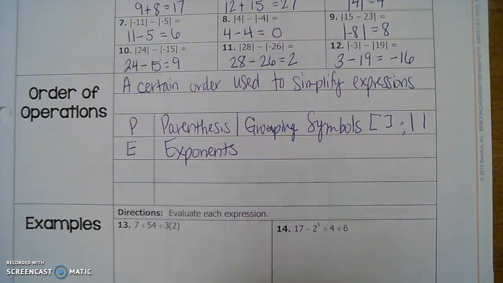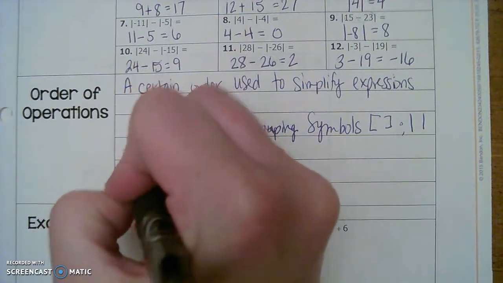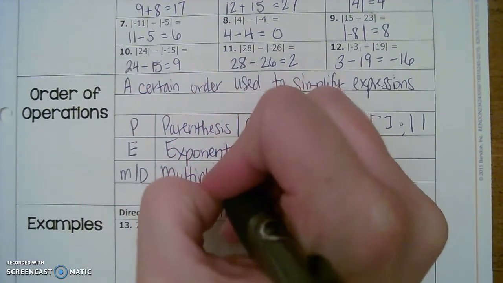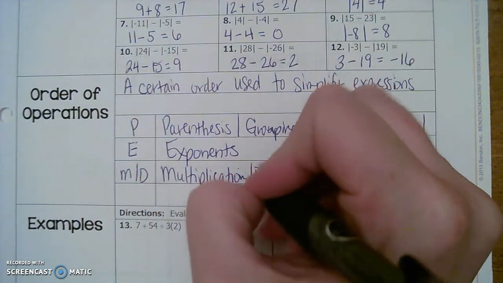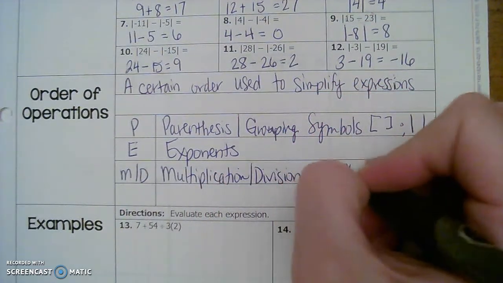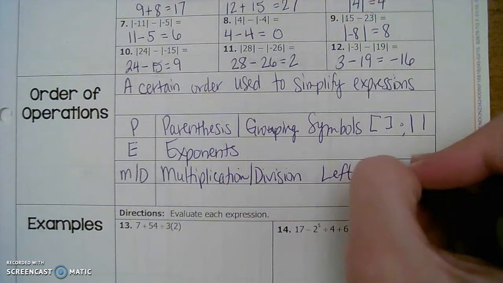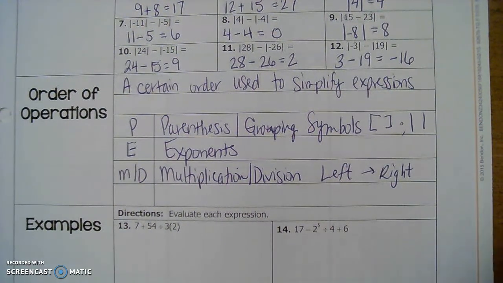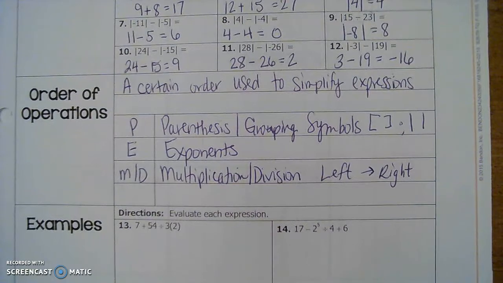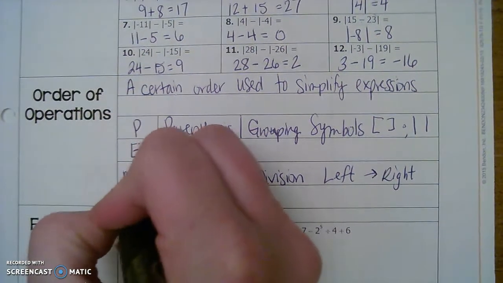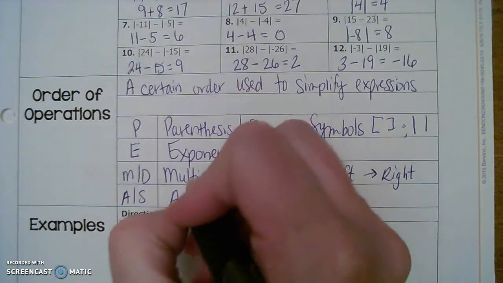Now, instead of having 2 separate lines, the M and the D, the multiplication and division, are on the same line because you do those left to right. So if division comes first, you actually need to do the division first. And then we have the addition and subtraction, and same thing with those.